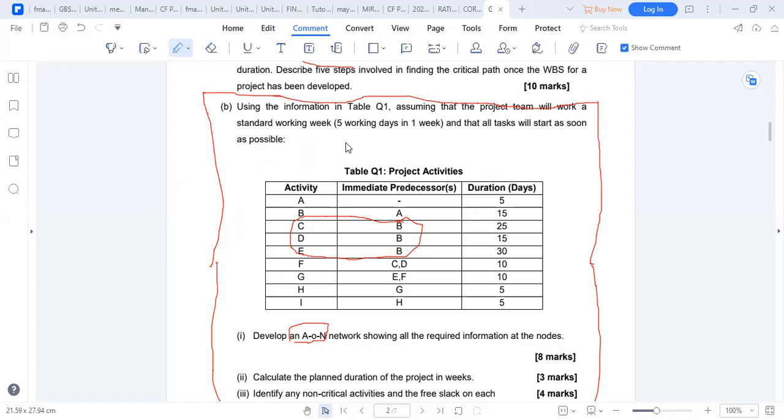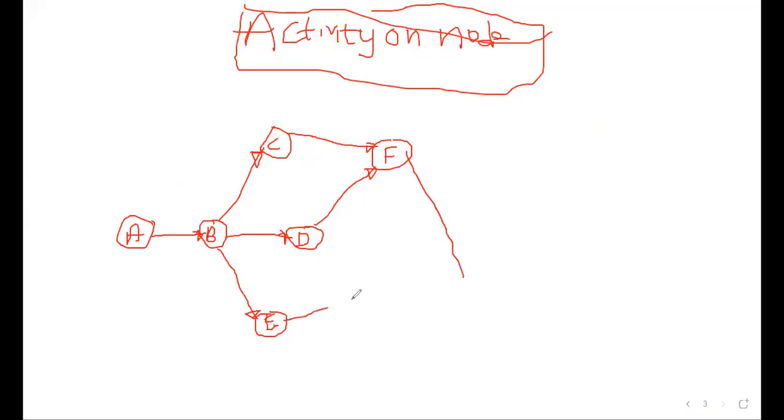After E and F, there is what? There is a G. Okay.